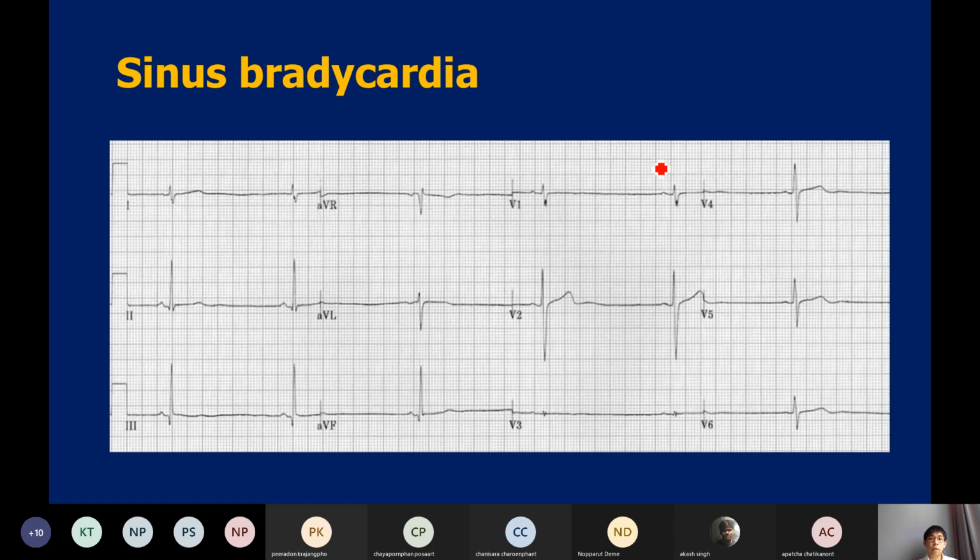This first one is the ECG of sinus bradycardia. You can see that the rate is so slow, but you can still see the P wave. So you know that the impulse is generated from the sinus, but it is abnormal because it is too slow.